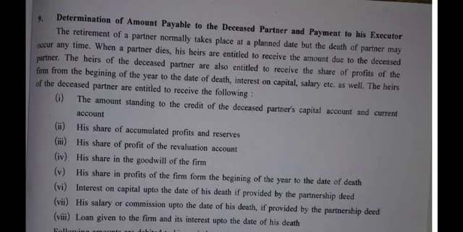So here the partner has died, still the amount is to be credited. Just the way you pay to the retiring partner, the amount is to be paid to the heirs of deceased partner, just because that person is not now in existence.